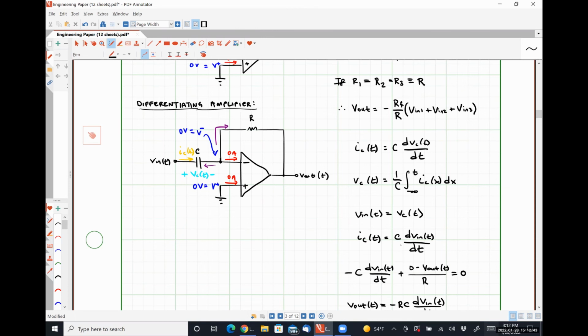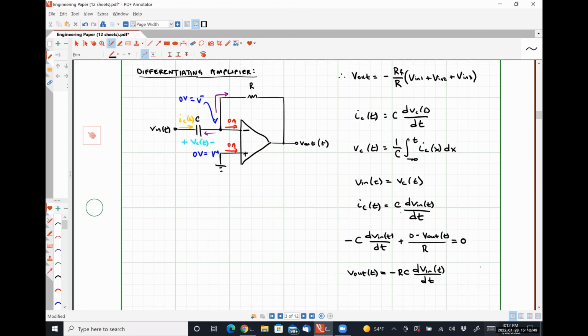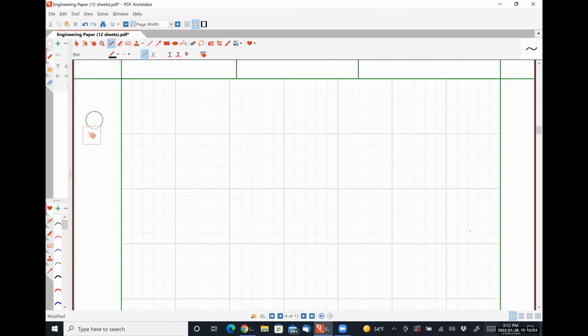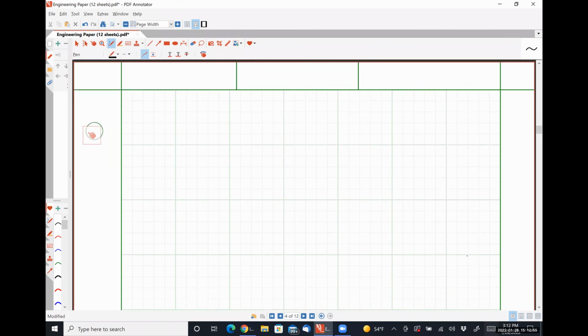Anybody have any questions about this guy? All righty. Well, then our last one, I think I've got enough room here. We'll do it underneath there, actually. Our last circuit that we're going to analyze today is this guy. Differentiating. So it's taking the derivative.